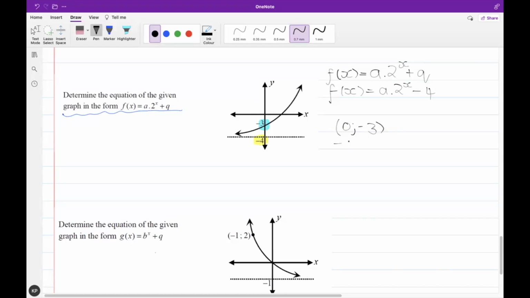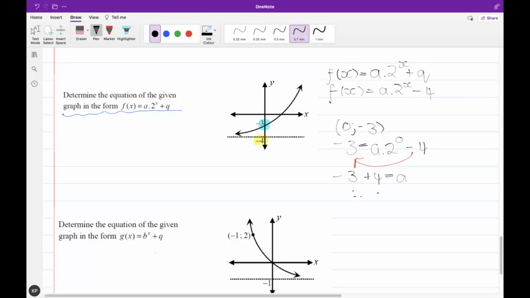So I have -3 is equal to a times 2 to the power of 0 minus 4. Once again, you take your -4 over to the other side. So then you have -3 plus 4 is equal to a times 1, which is just a. How much is -3 plus 4?